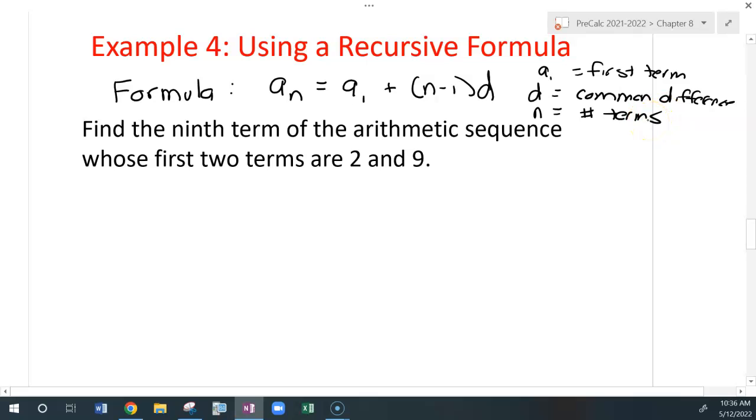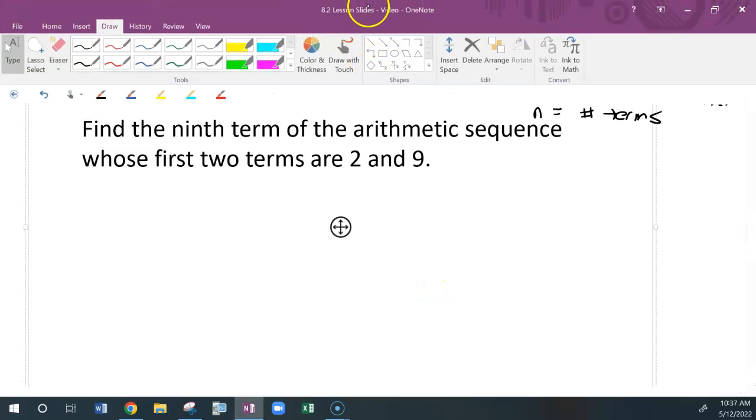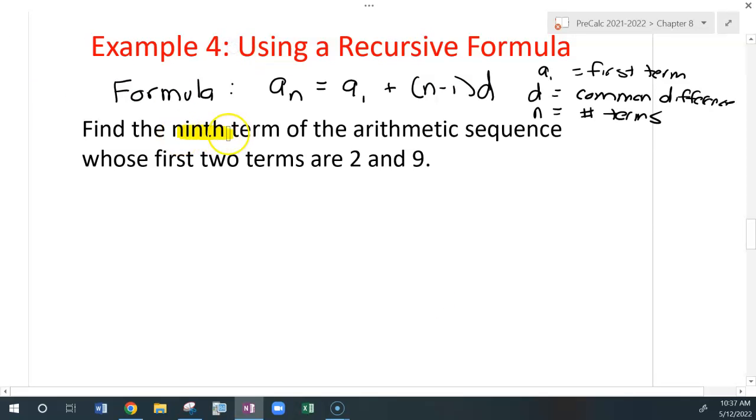So it says here, find the 9th term of the arithmetic sequence whose first 2 terms are 2 and 9. So I'm looking for the 9th term. That tells me that n is going to equal 9. And my first 2 terms are 2 and 9. That tells me a sub 1 equals 2, a sub 2 equals 9.